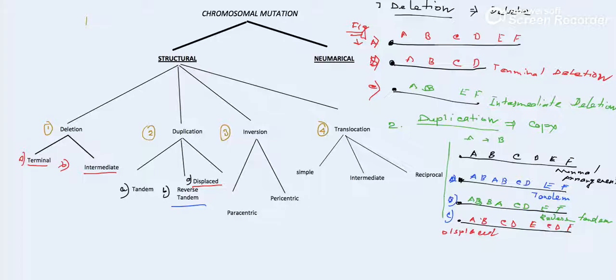In the last part we find the displaced duplication. The CD gene is copied twice but not arranged next to the first CD gene. It is present in between the E and F genes. Such duplication is known as displaced duplication.